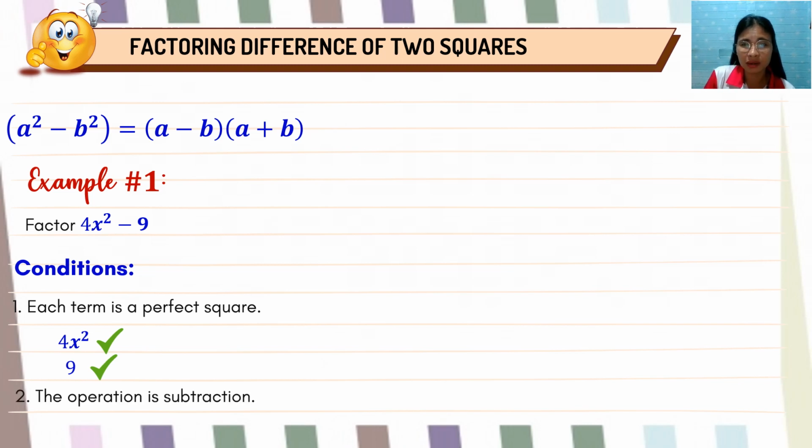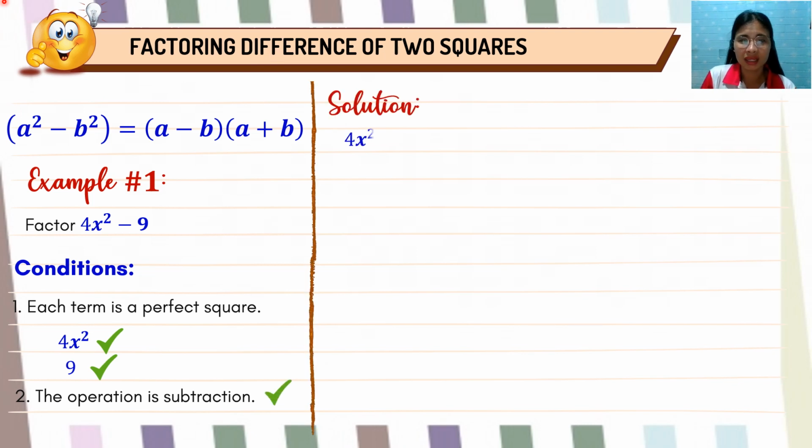Second, the operation involved should be subtraction. From the concept itself, difference, of course it's subtraction. So how are we going to solve this one? First, get the square root of 4x squared, which is 2x, since the square root of 4 is 2, and the square root of x squared is x.